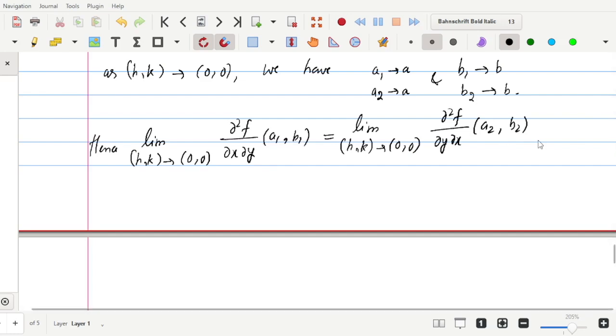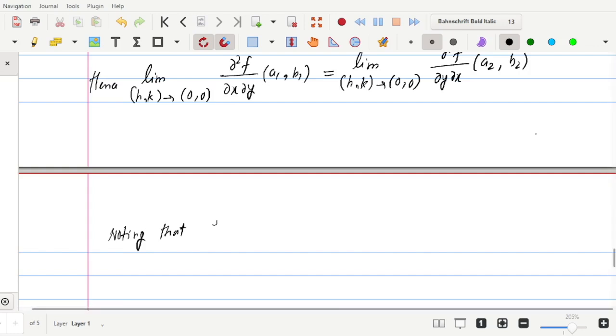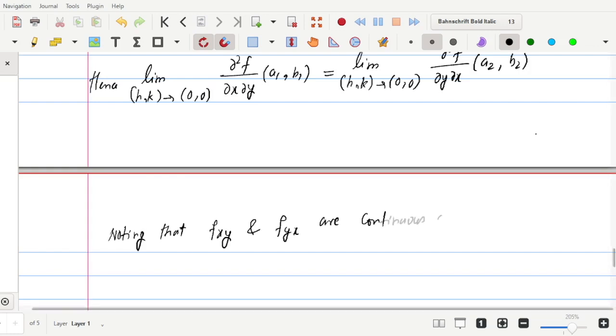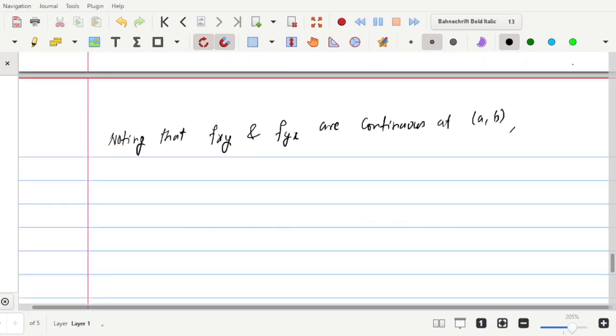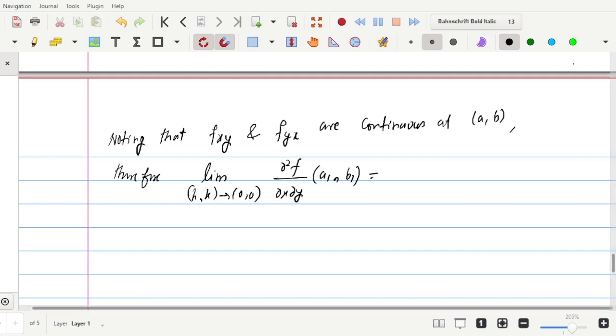So thus we obtain, noting that f x y and f y x are continuous at the point a comma b, therefore we can say limit h k tends to 0 comma 0 of del square f divided by del x del y at a1 comma b1 is simply equal to del square f by del x del y at a comma b.